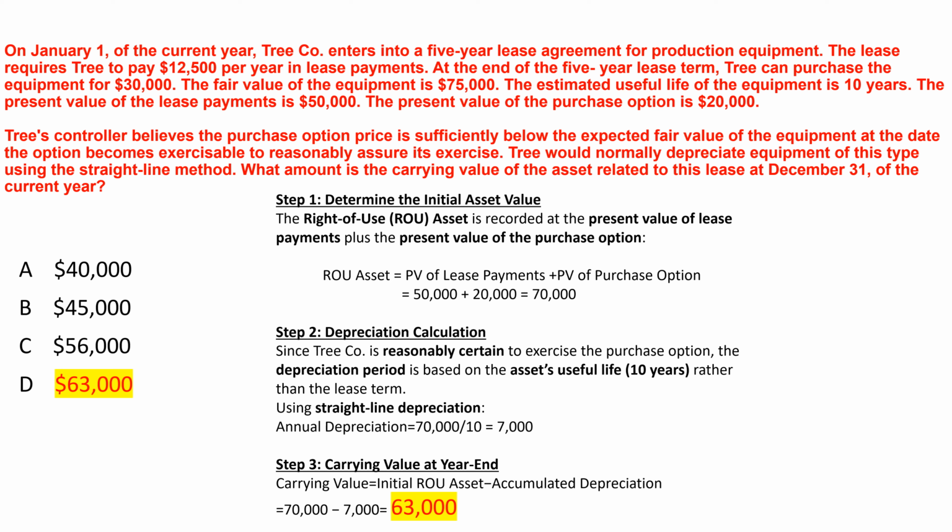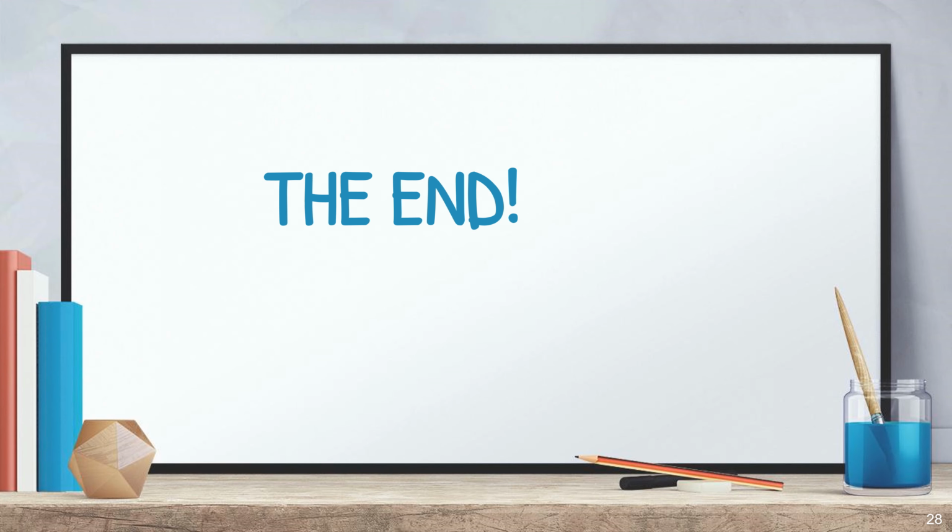Next, since the purchase option will be exercised, depreciation is based on the asset's 10-year useful life using the straight-line method, leading to annual depreciation of $7,000. Finally, after 1 year of depreciation, the carrying value of the asset at year-end is $63,000, which is the difference between $70,000 and $7,000. That wraps up today's lesson on lease accounting.